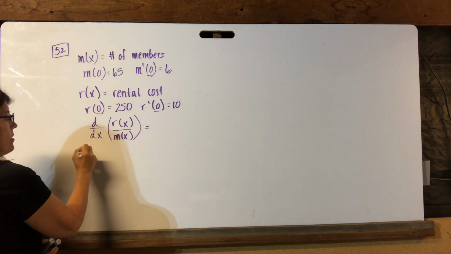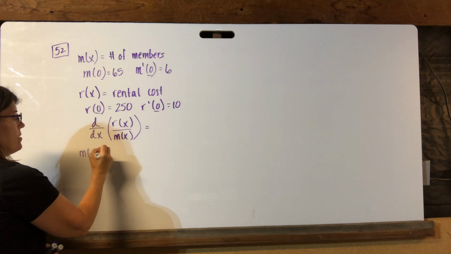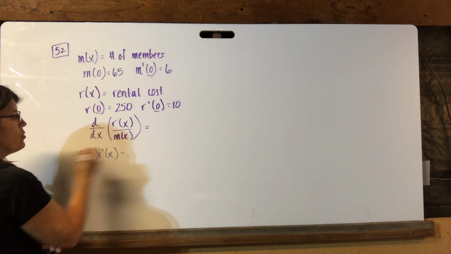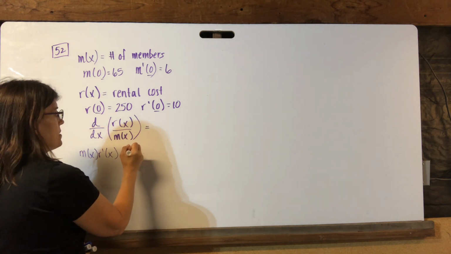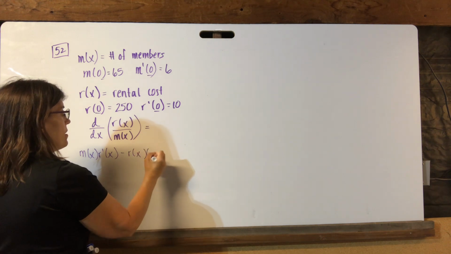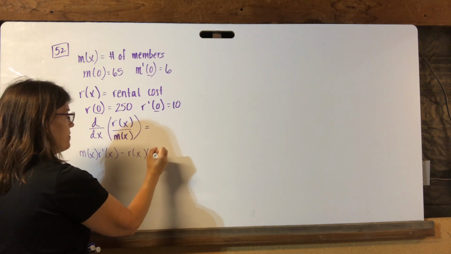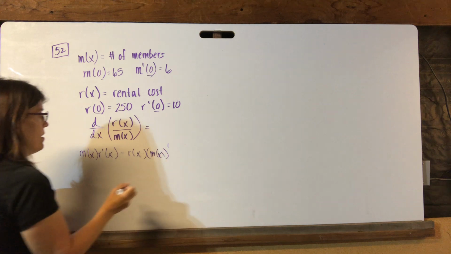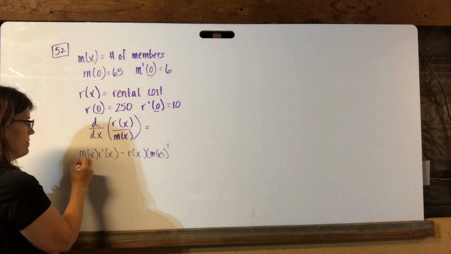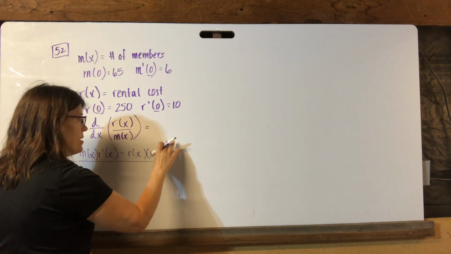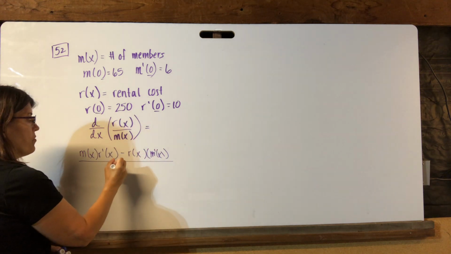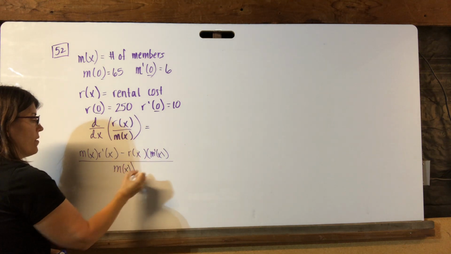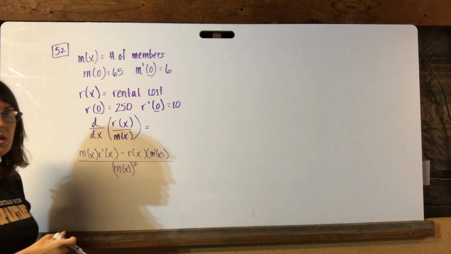You might want to write it out. The denominator times the derivative of the numerator minus the numerator times the derivative of the denominator, all over the denominator squared.